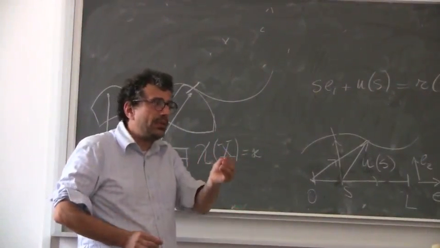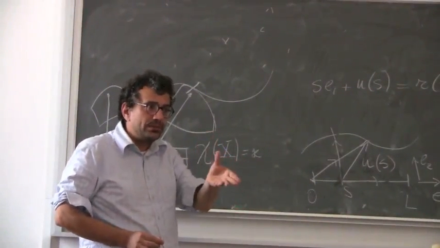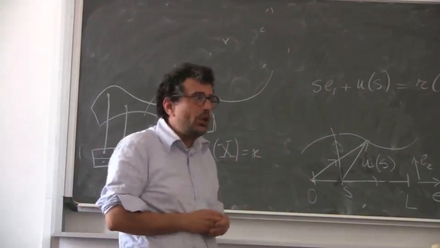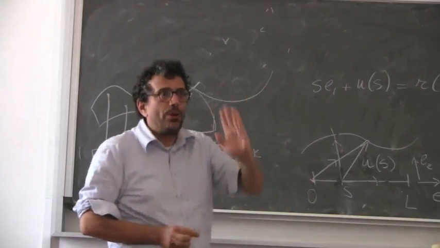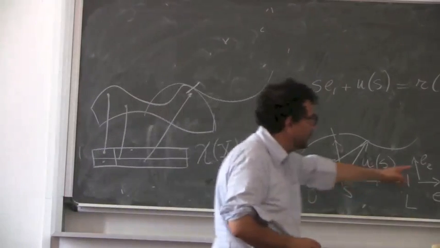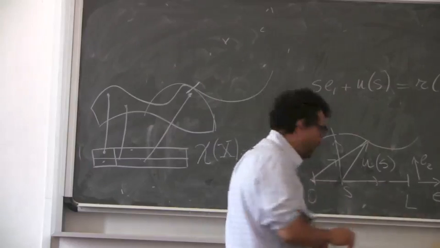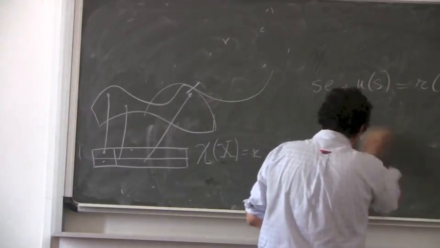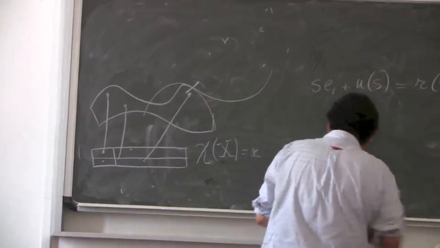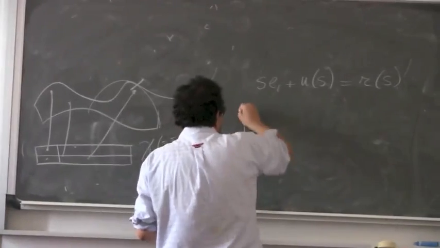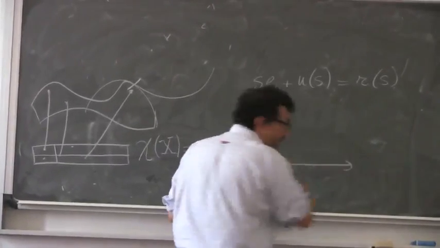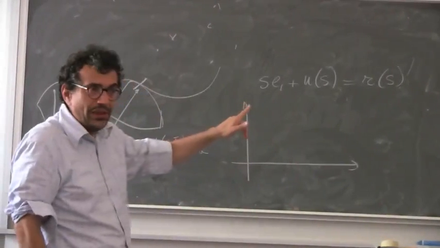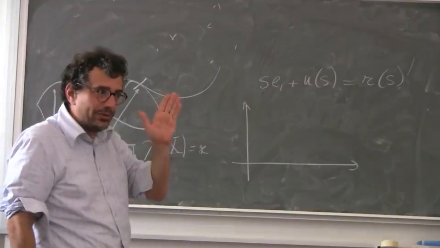What is the shape of your beam? The graph of the function u, or the component of u in the E2 direction. Okay, so a mathematician will be very upset, because now I will call with the same letter the field and the component u.